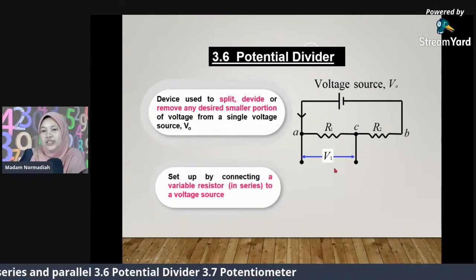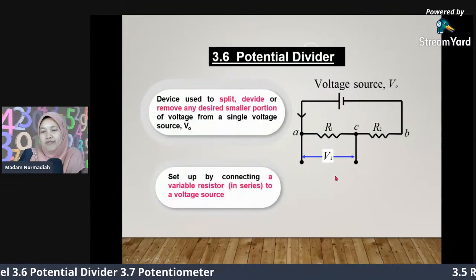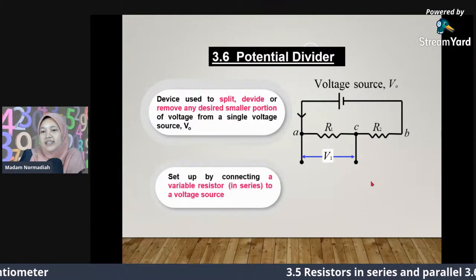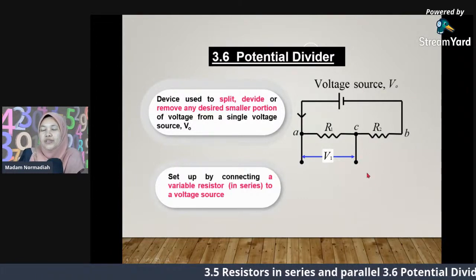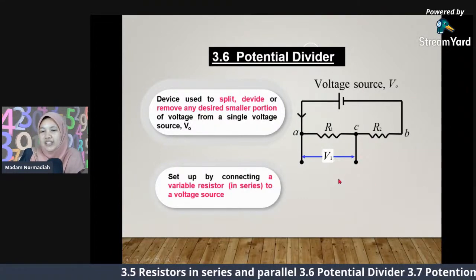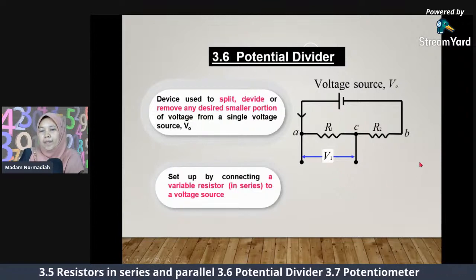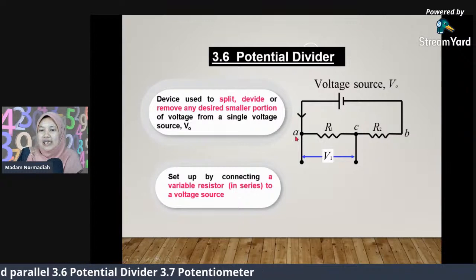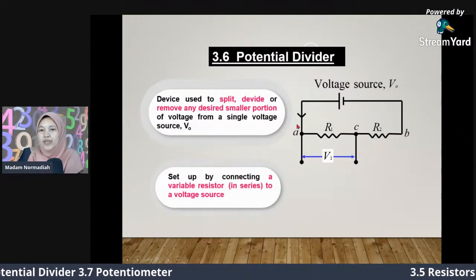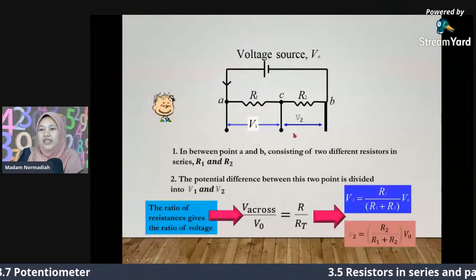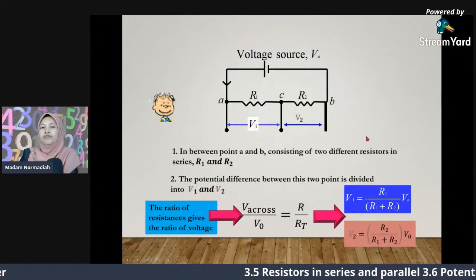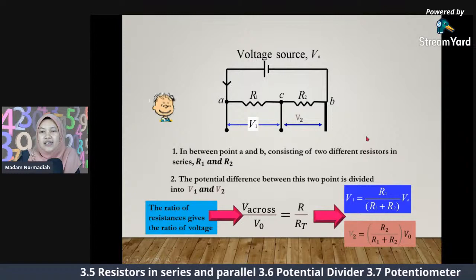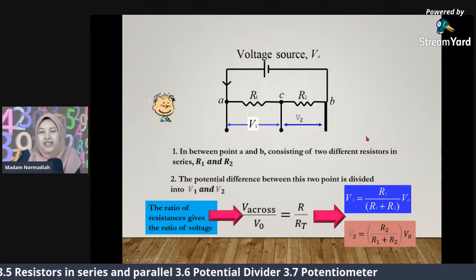At this portion, we can connect a load that needs less voltage than the voltage source, such as a lamp. There is a voltage between points A and B, which can be divided into voltage AC and CB.